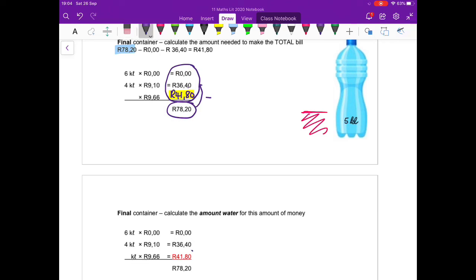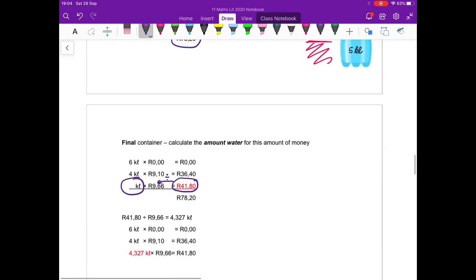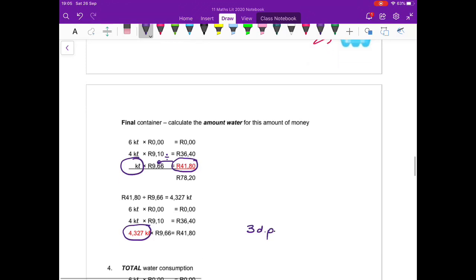So we're going to take 41.80 and divide it by 9.66, and that will give us the number of kiloliters we can buy for 41 Rand 80. If you take out your calculator and do that calculation, you will see it's 4.327 kiloliters. Remember to round to 3 decimal places, because kiloliters are huge.